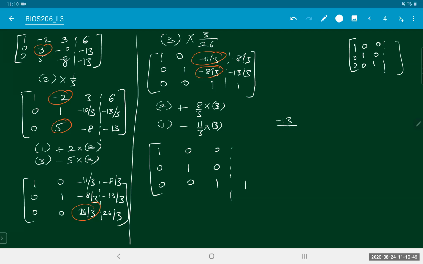So in the second one, it is minus 13 by 3 plus 8 by 3. I think there is still a mistake somewhere. Minus 8 by 3 plus 11 by 3 is 3 by 3, which is 1.